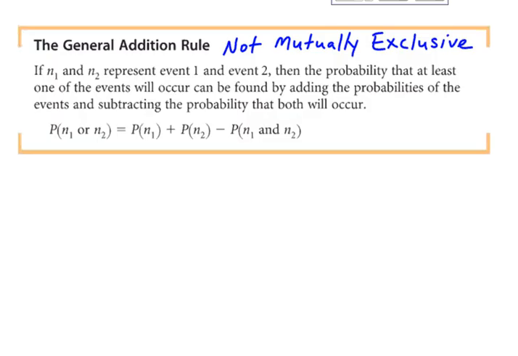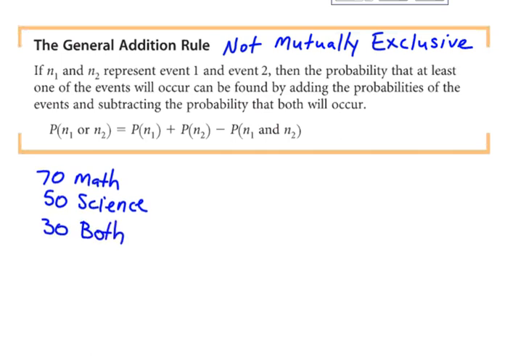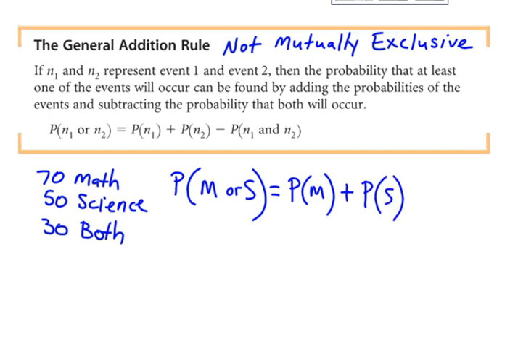But if we were given that information, that 70 students were in math, 50 students were in science, and 30 students were in both, then to find the probability that a student took math or science, we would take the probability that they took math plus the probability that they took science minus the probability that they took both math and science. So let me show you how this works out.